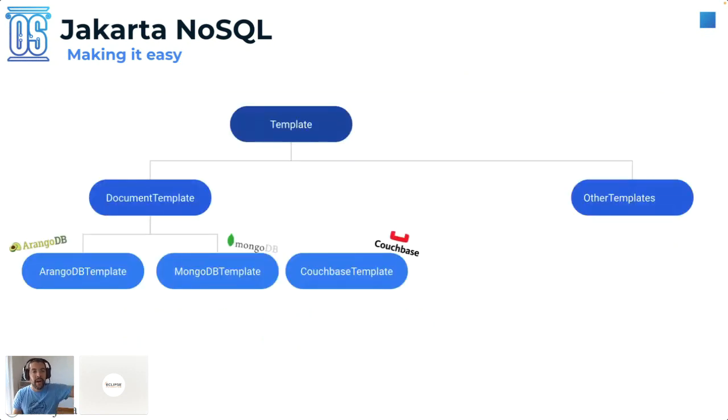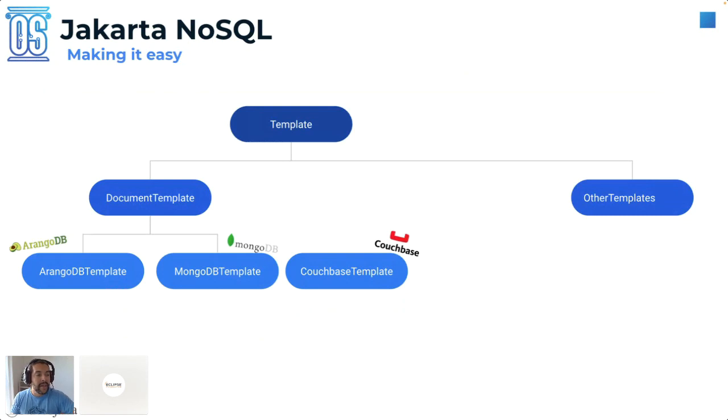Just to remind you, the template is the highest level of template operation. Then we have several implementations. So template is the basic to any NoSQL database, and then we have specializations based on the types: document type, column type, graph type, and key-value type, or templates in this case.